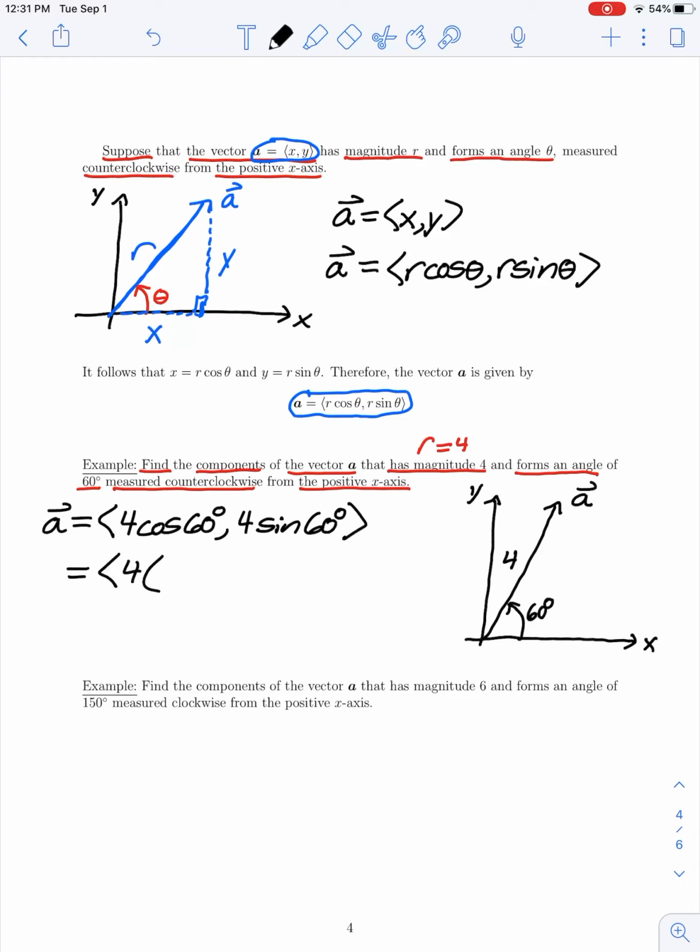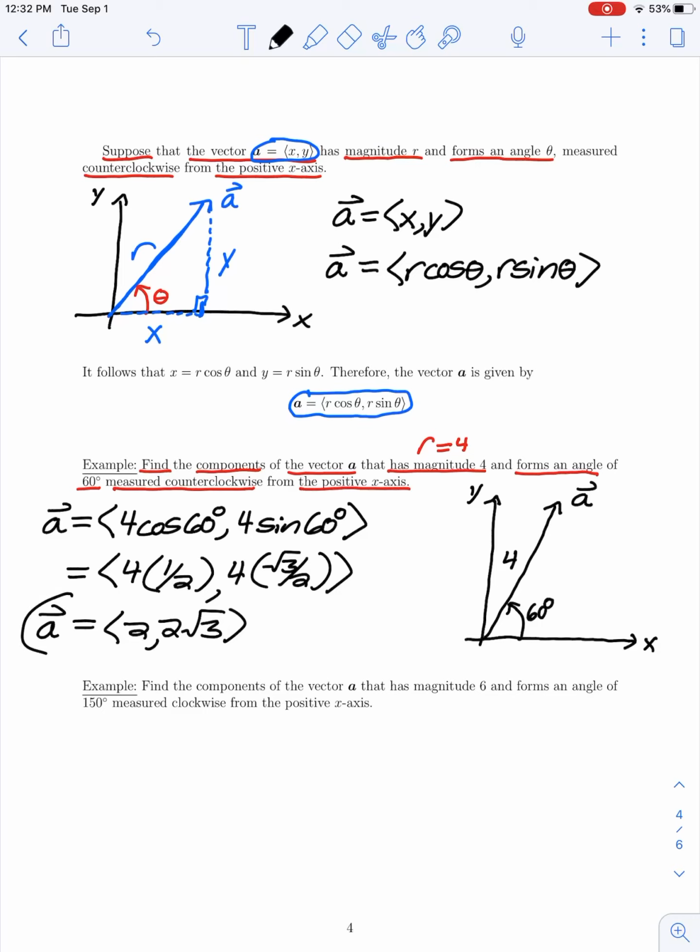So let's see what we have here. We have 4 times cosine of 60 degrees, which is 1/2, and then 4 times sine of 60 degrees, which is √3/2. And so simplifying a little bit, our first component is 2. The second component is 2 times the square root of 3.